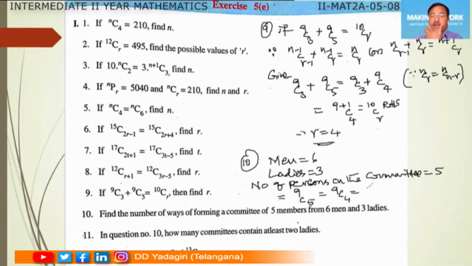So if we simplify it, 9 into 8 into 7 into 6 by 4 into 3 into 2 into 1. So 4 twos are 8 and 3 threes are 9. So this is 42 into 3. So this is equal to 126 ways we can form a committee of 5 members.